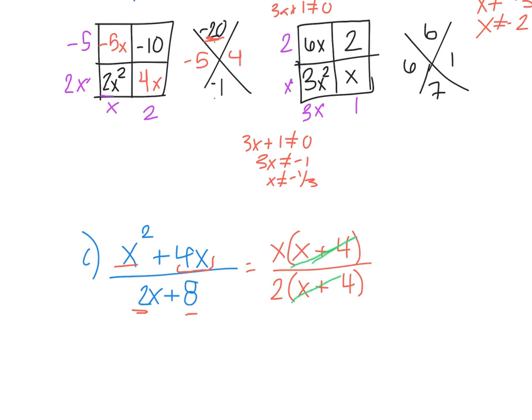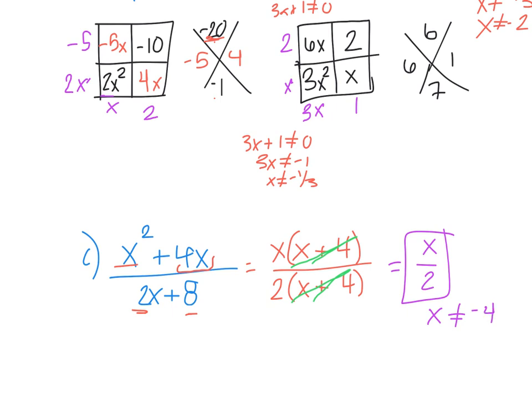So we can cancel out these x plus 4s, and we're left with x over 2. We do have that restriction, though. So think about what x cannot equal, and that would be whenever this whole thing equals 0, which would be when x equals negative 4. So x cannot equal negative 4.